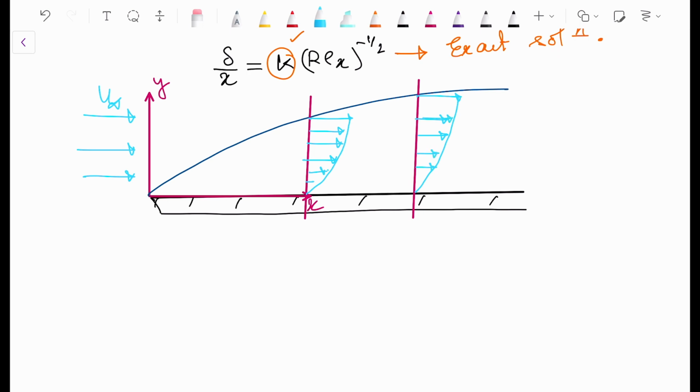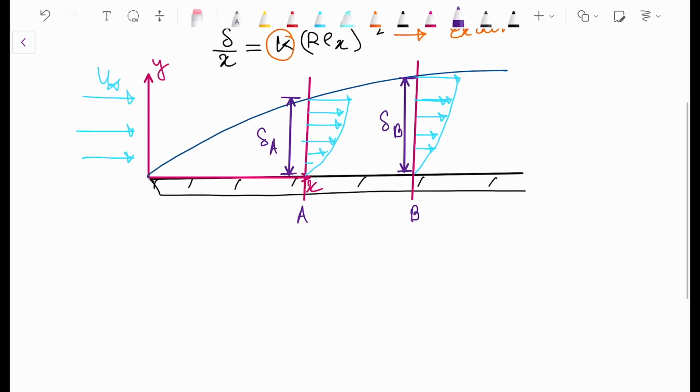So if this is section A and this is section B, then I have a particular boundary layer thickness at section A, which I will call delta A, and at section B I will call delta B, right?